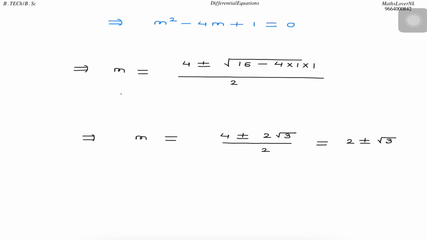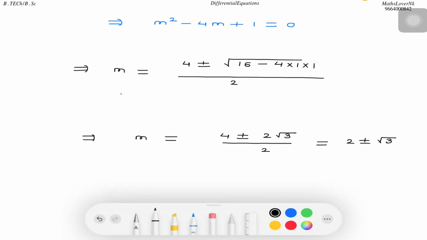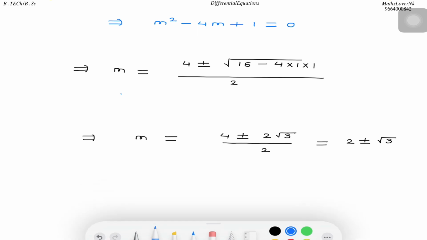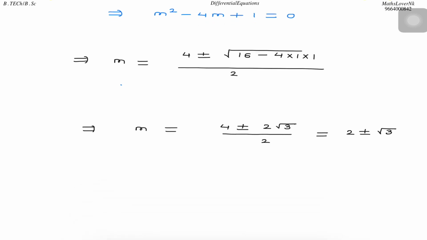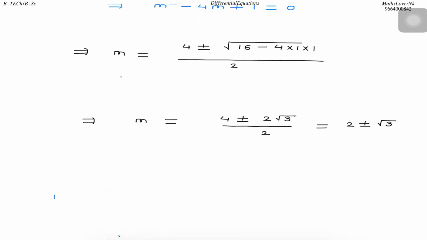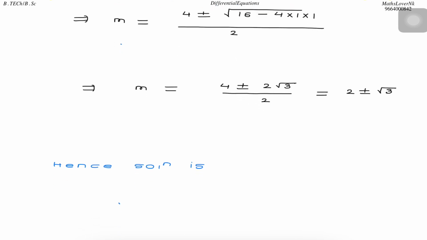Now hence the solution is, we know that when a and b are the roots, then the solution is given by y is equal to c1 e the power ax plus c2 e the power bx.